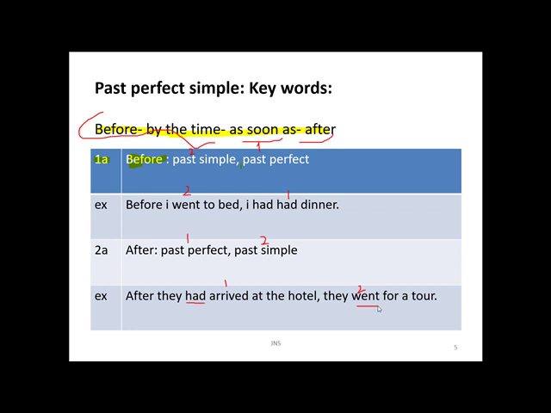We used went for this part. So we know from the slide that before and after have opposite rules. Again, they have opposite rules. Before is followed by past simple, but after is followed by past perfect. Again, I repeat myself, past perfect means had with the past participle. I hope this is clear enough.